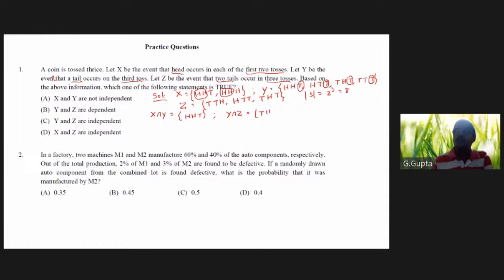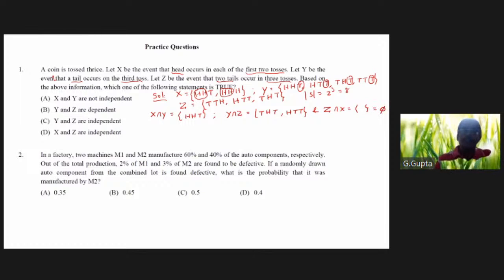T, H, T and H, T, T, only two outcomes. And Z intersection X, how much? No outcome is common. Am I correct or not?